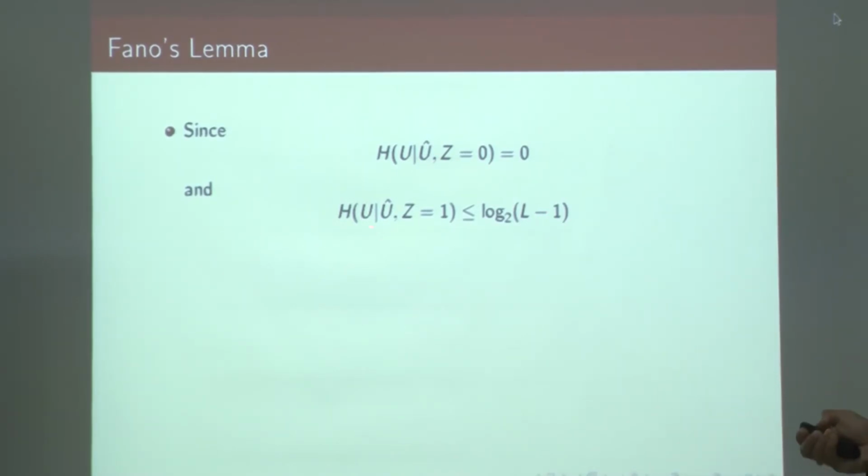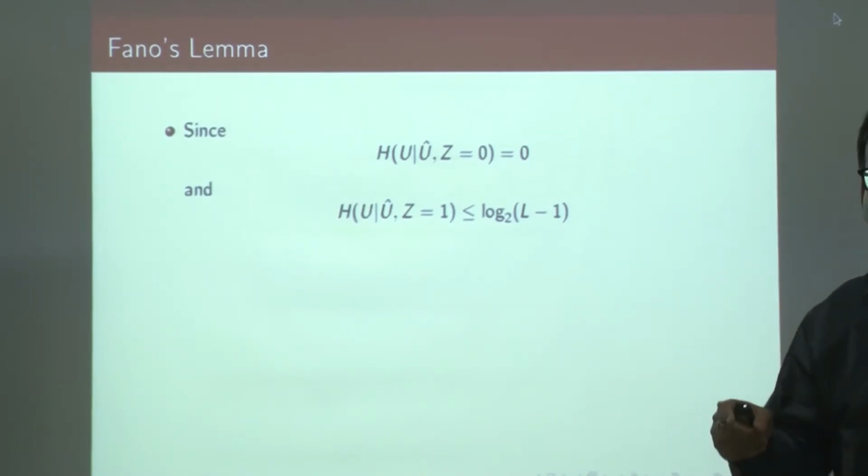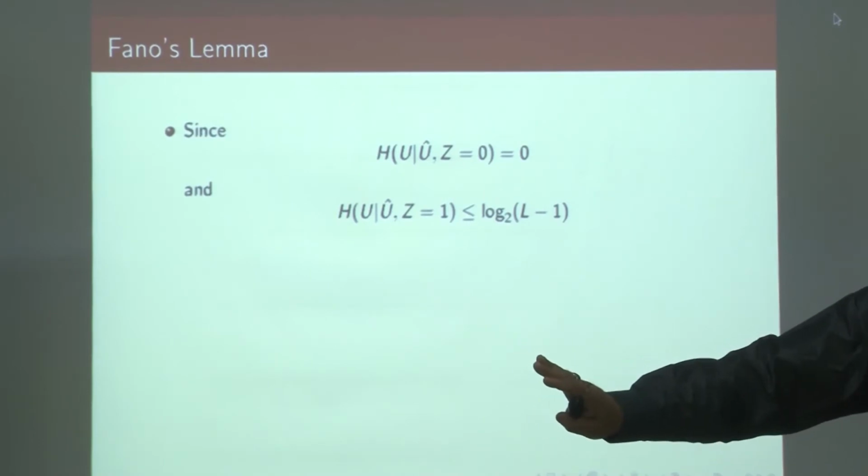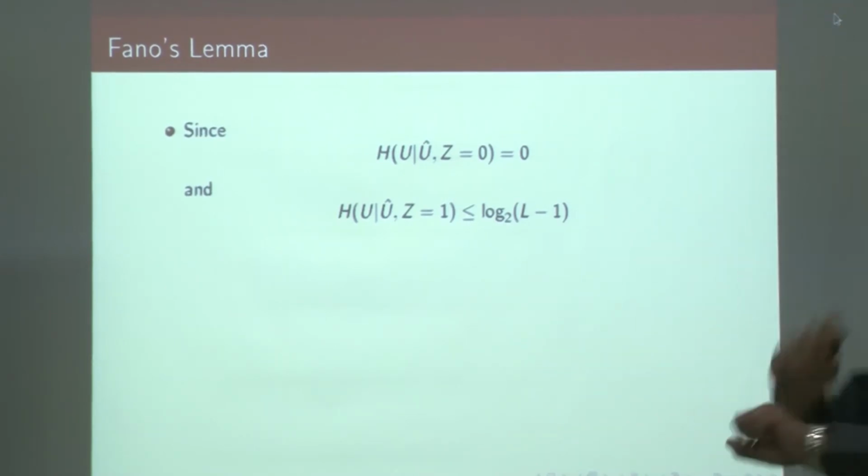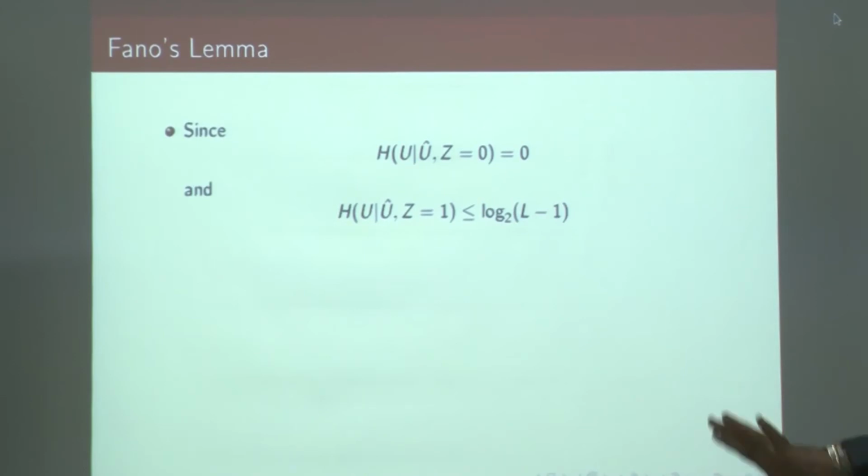Okay. Now, I have also written uncertainty in U given U hat and Z equal to 1 is upper bounded by log of L minus 1. So, what happens when Z is equal to 1? There is an error. You have been given U hat and there is an error. So, I can say that U is not U hat. So, out of those L values, I know U hat is not there.